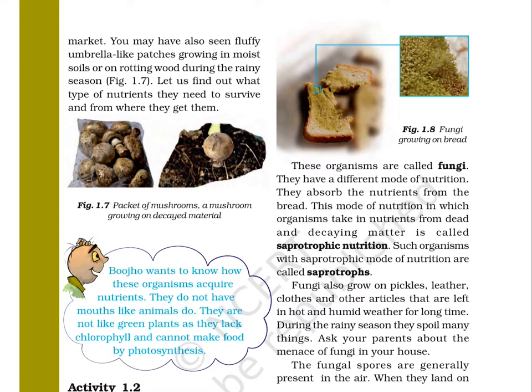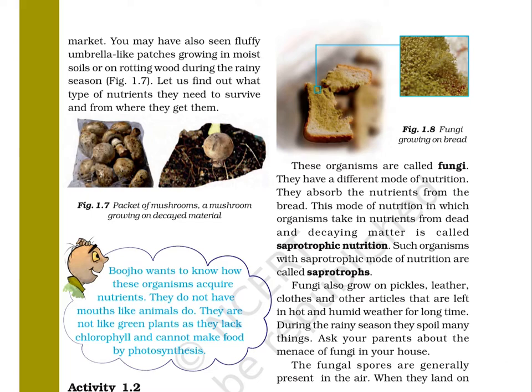We can observe this in figure 1.7. Let us find out what type of nutrients they need to survive and from where they get them. Figure 1.7. Packet of mushrooms. A mushroom growing on decayed material.